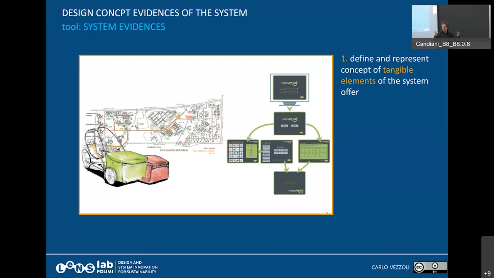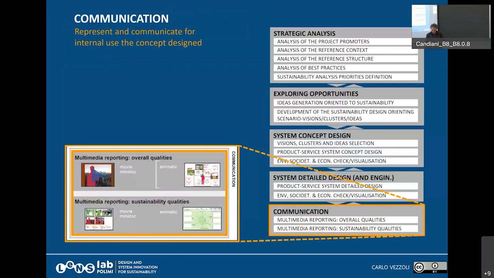Or it could be an environment. You don't need to go into the detail. This is not the purpose. How to design a product is another course. This is just to give an idea of what your system concept is, okay?